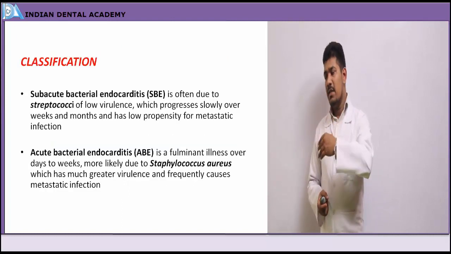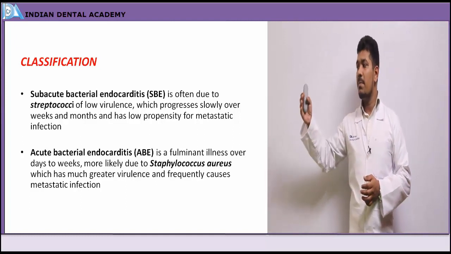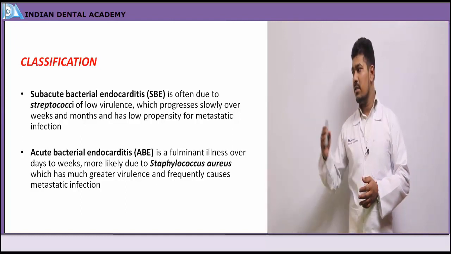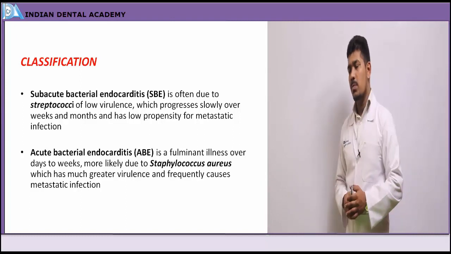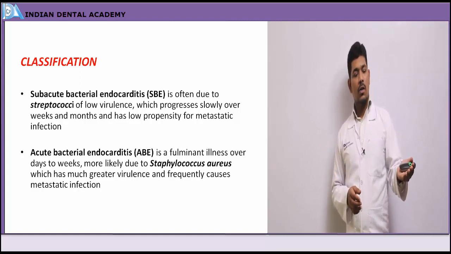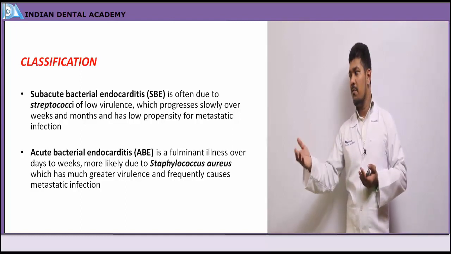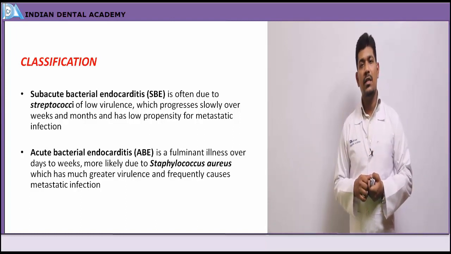If you have to classify bacterial endocarditis, it is classified as subacute bacterial endocarditis and acute bacterial endocarditis, also short for SBE and ABE. The difference: SBE is caused by Streptococcus species, whereas ABE is caused by Staphylococcus species, both of which are commonly seen in the oral cavity.